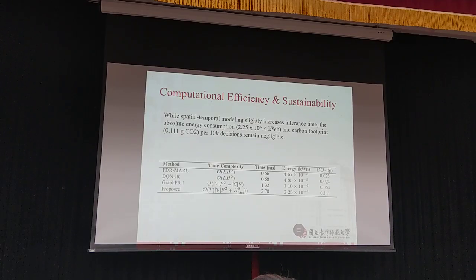Our joint model does incur the highest computation time and power consumption among all the baseline. However, the absolute energy cost is extremely low. To put this into perspective, it is equivalent to powering a standard 10-watt LED light bulb for just 81 seconds.